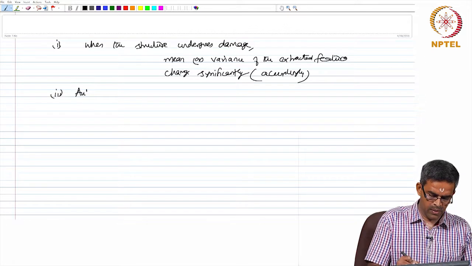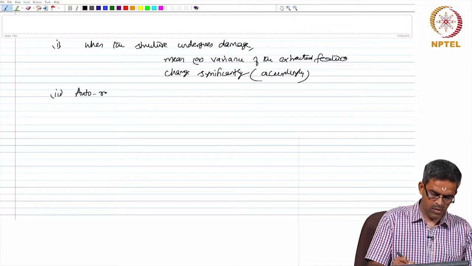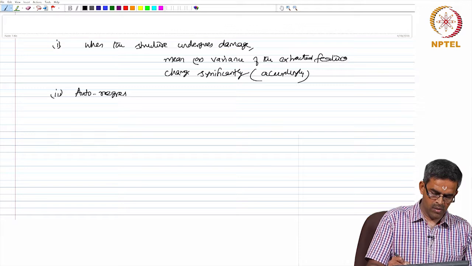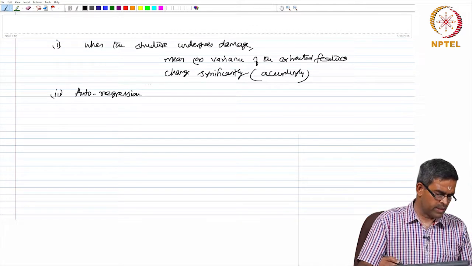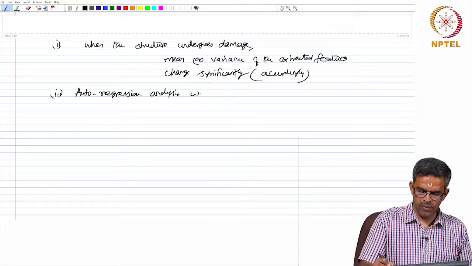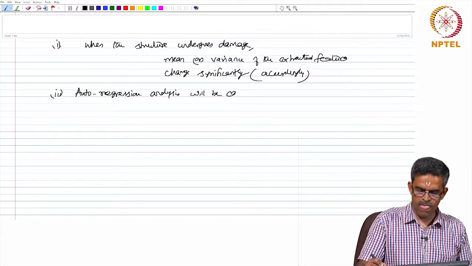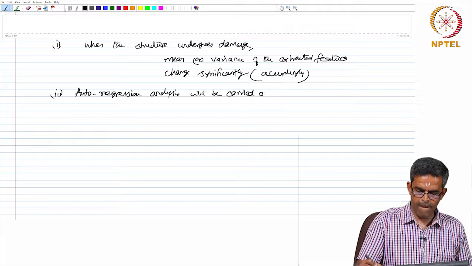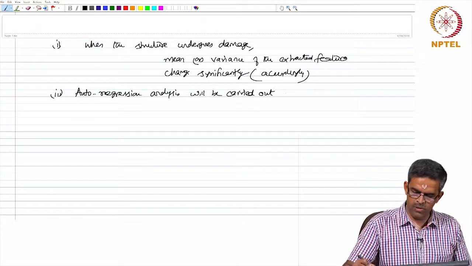Subsequently, auto regression analysis will be carried out on the measured data.